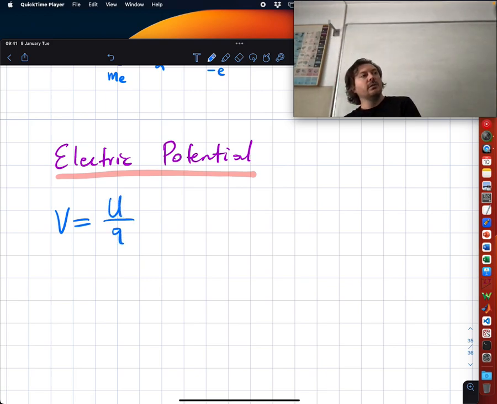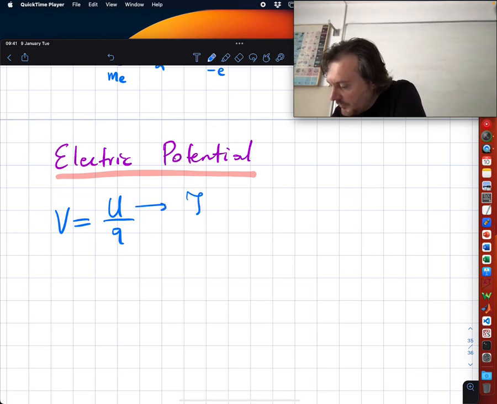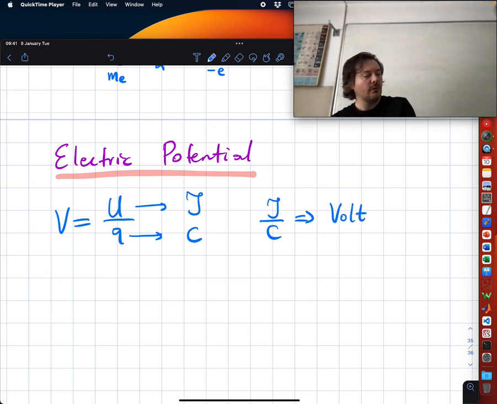Okay? So potential energy has a unit of joules. This one has a unit of coulomb. Joule per coulomb is called volt. Okay? 1 volt is 1 joule over 1 coulomb. So far, so good? Yes?